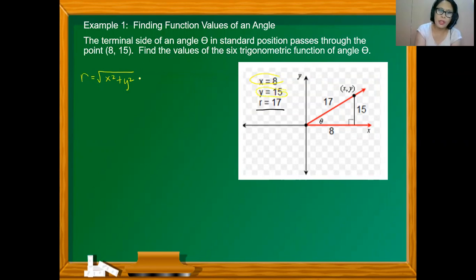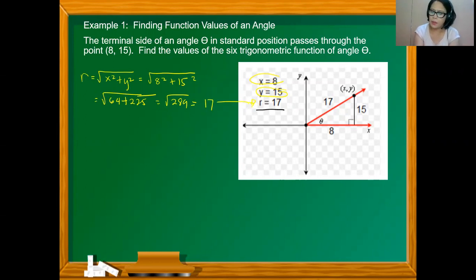So substituting the given in the formula, we have 8 squared plus 15 squared. So we have 64 plus 225. We have the square root of 289, and we know that the square root of 289 is 17. So therefore, r equals 17.